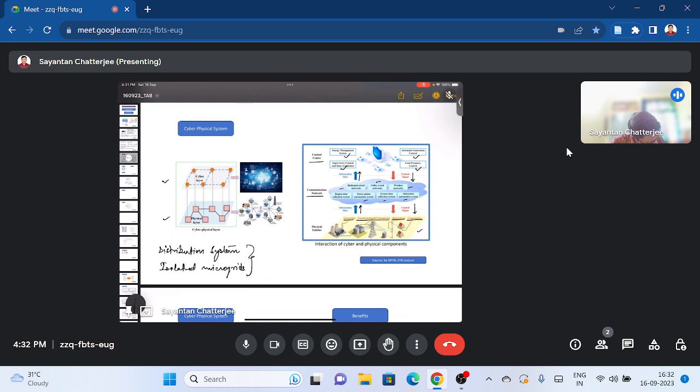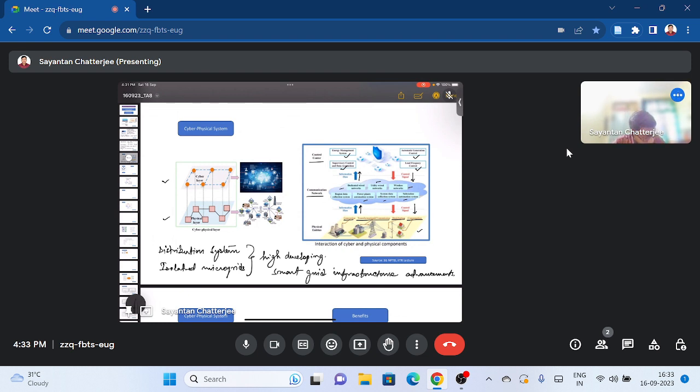These two things are highly developing in nature, developing based on various kinds of smart grid communication infrastructure advancements. So these are highly developing.